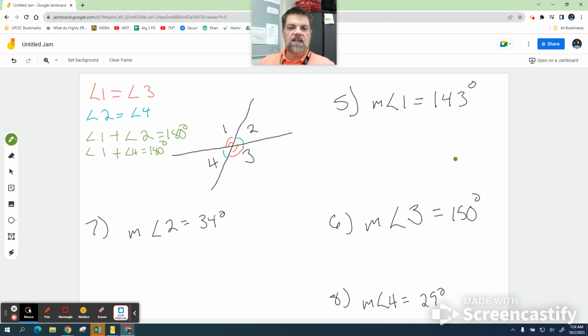So what is congruent to angle 1? Angle 3. Yeah. So angle 3 then also is equal to 143. Okay. And then so now angle 2, the measure of angle 2 is equal to the measure of angle 4, and it's really just 180 minus the 143.